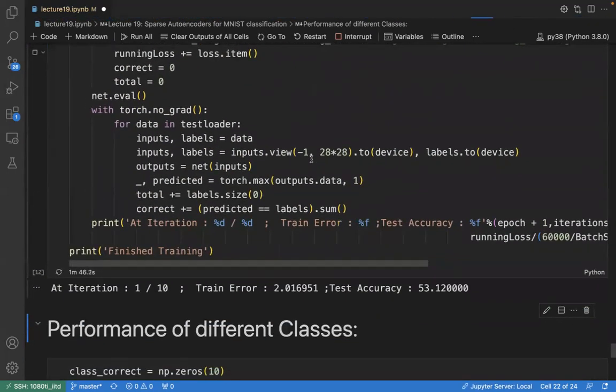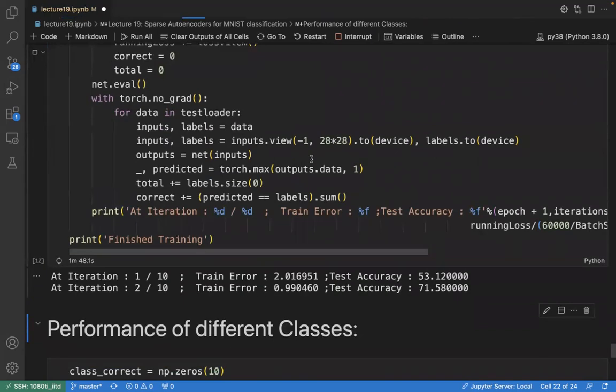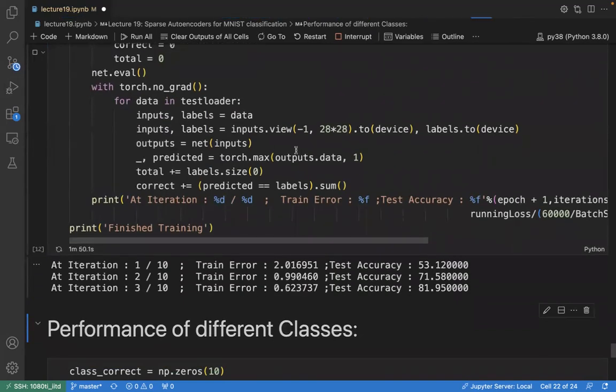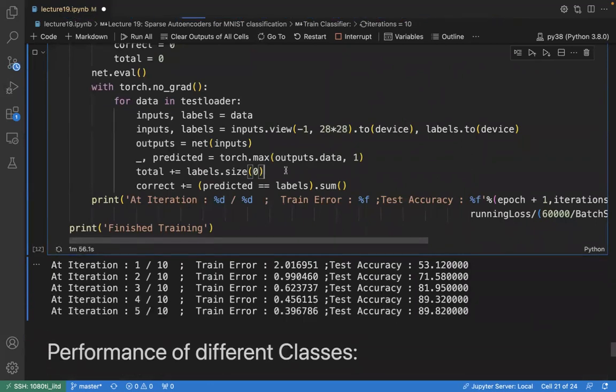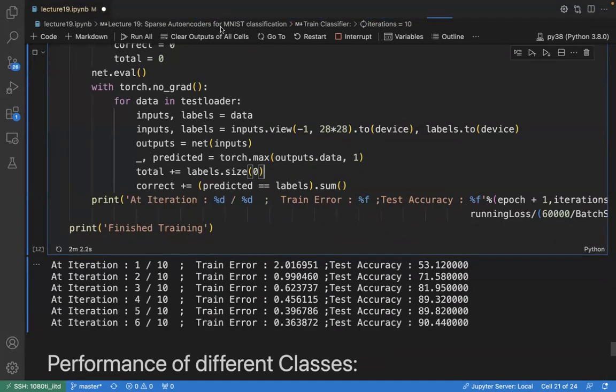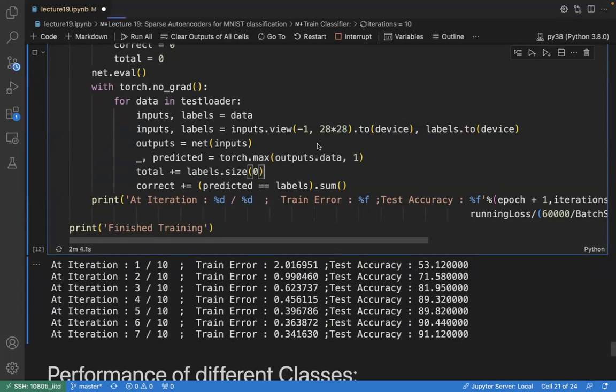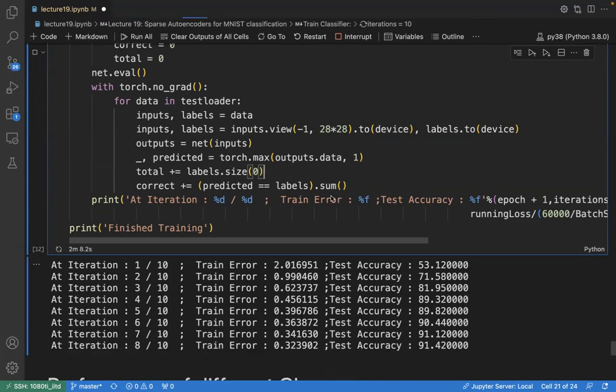Okay, let's just try the accuracy. Maybe that next variable should not be changed, but I changed it anyhow. We'll see why the reconstruction is not that great.